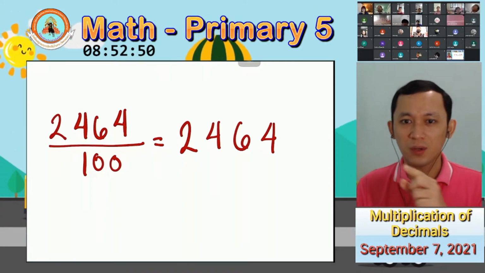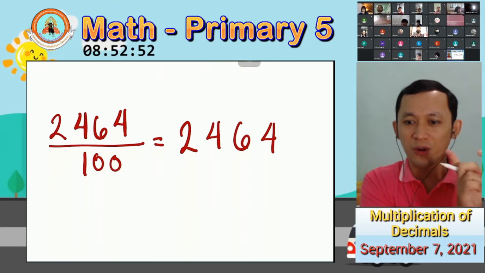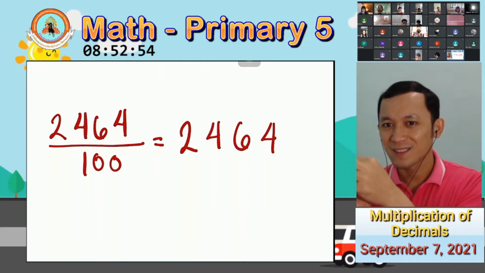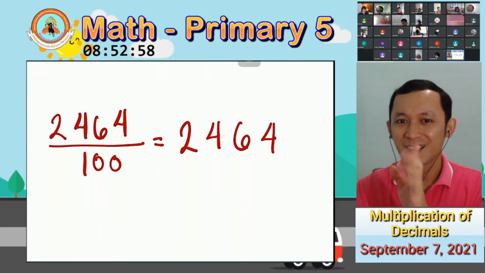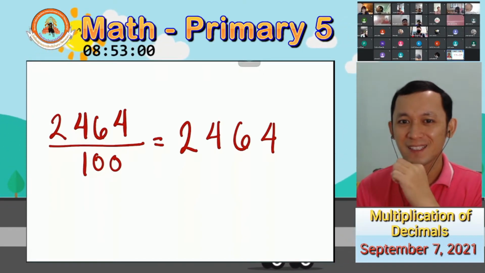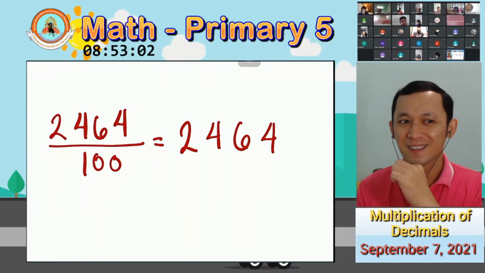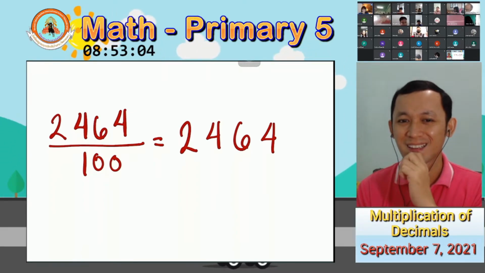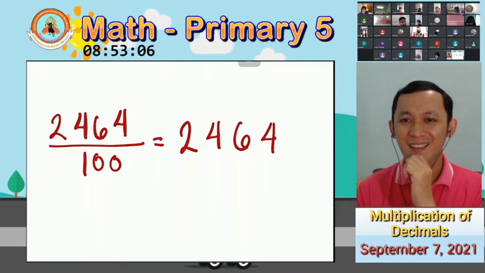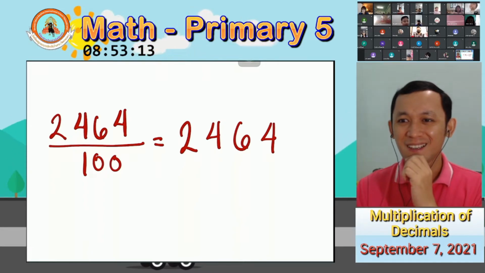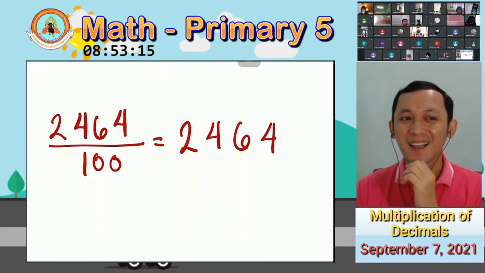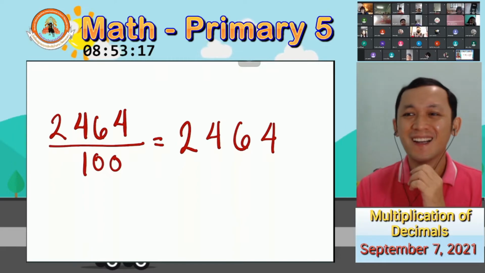Very good. We have 2. Move to the left or move to the right? Do you remember? To the left or to the right? What's the answer? Left or right? Hello? Left or right?